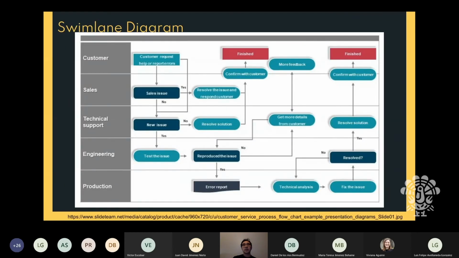Does everyone see this swim lane diagram? So this one is called a swim lane diagram because it is like 5 swimmers: my customer, my sales, my tech support, my engineering, my production. They are all swimmers, and they swim from left to right. I'm pretty sure many have seen flow charts, right?